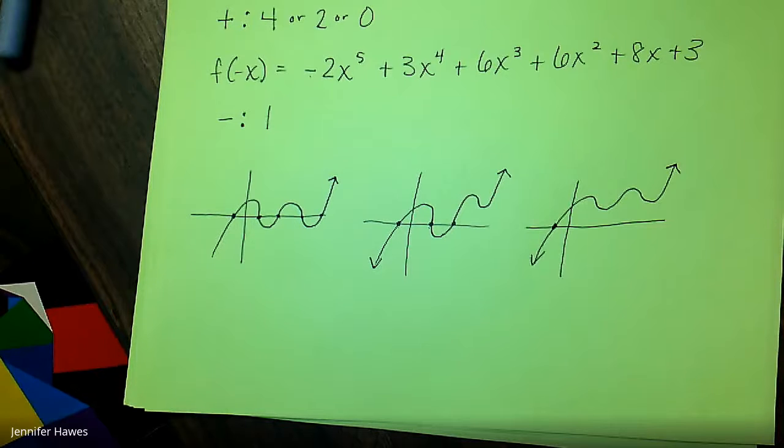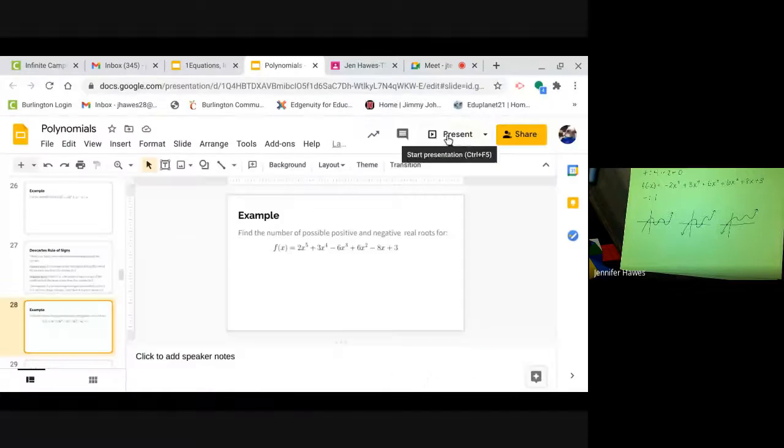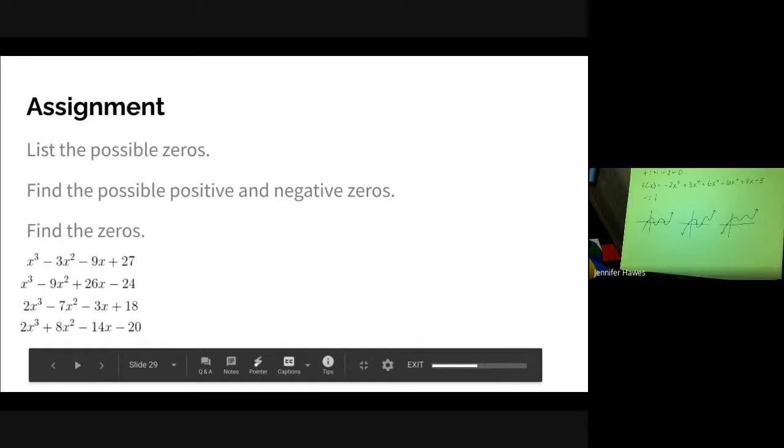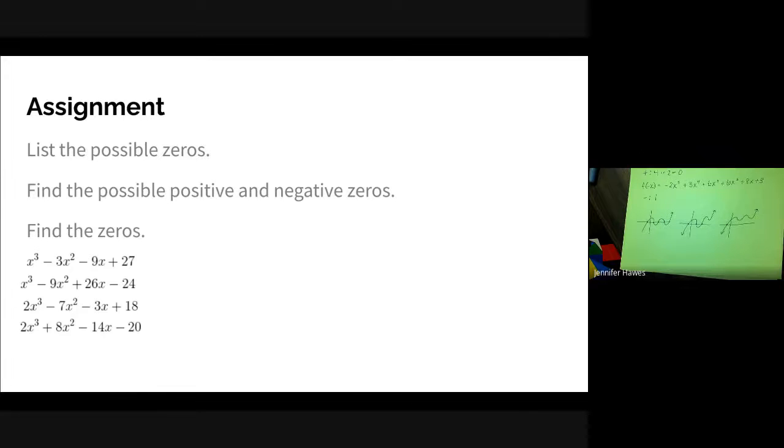You'll know more once you find the zeros. Okay, so your assignment is on this slide. I will make sure I put what slide it is on in the homework stuff.